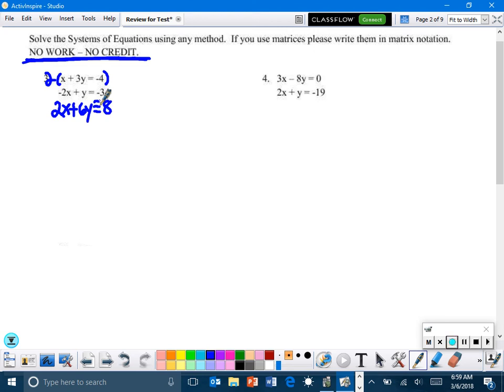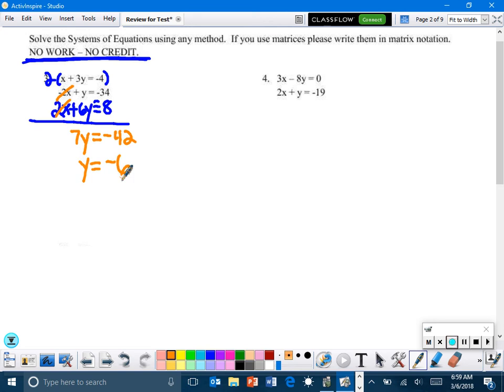Now the x's eliminate. Then it's 7y equals negative 34 plus negative 8, which is negative 42. Divide by 7 and we get y equals negative 6.